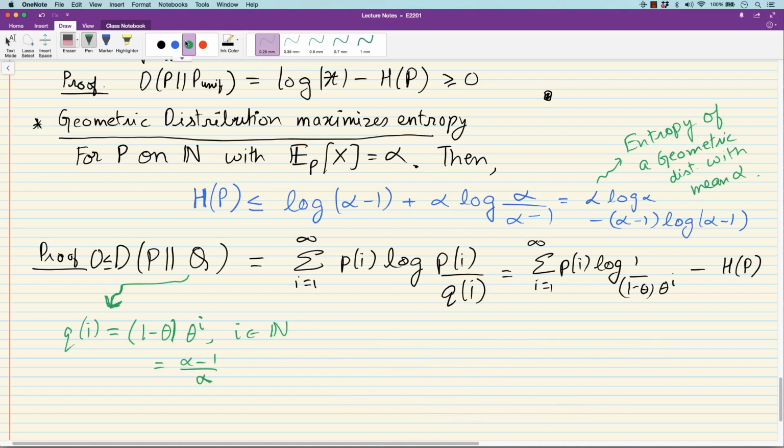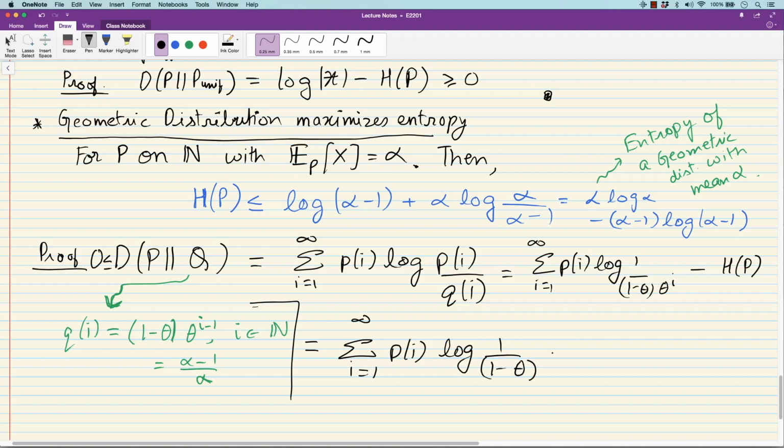This should be i minus 1; that was the mistake. Let me do this calculation one more time. We are looking at the summation over i equals 1 to infinity of p_i log of 1 by (1 minus theta), plus the summation over i equals 1 to infinity of p_i times (i minus 1) log of 1 by theta. And this minus H of P remains here.